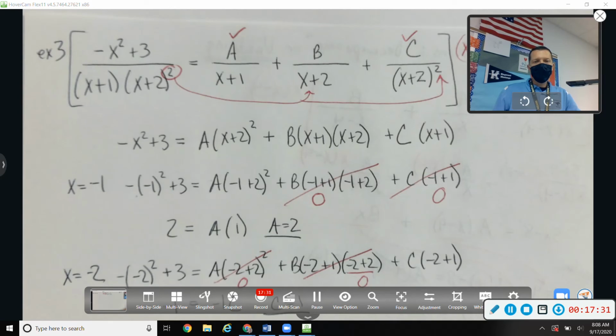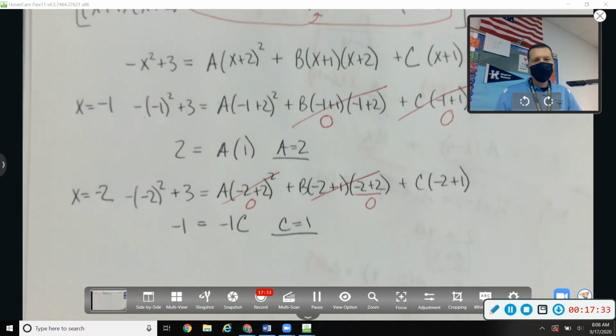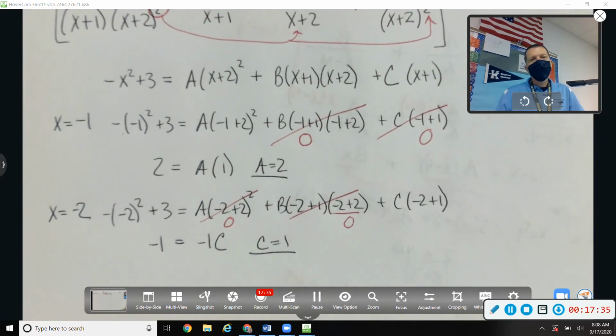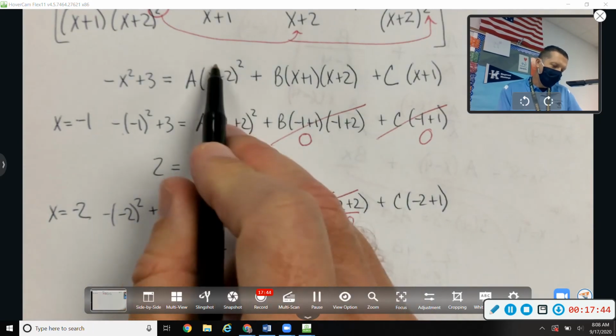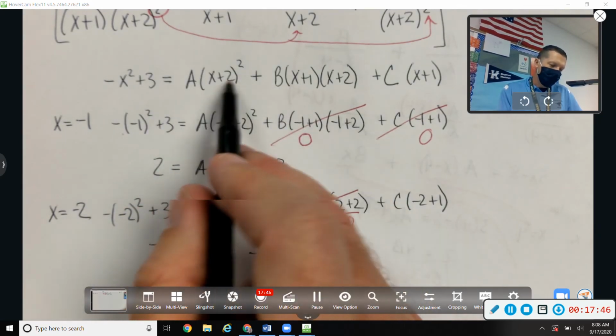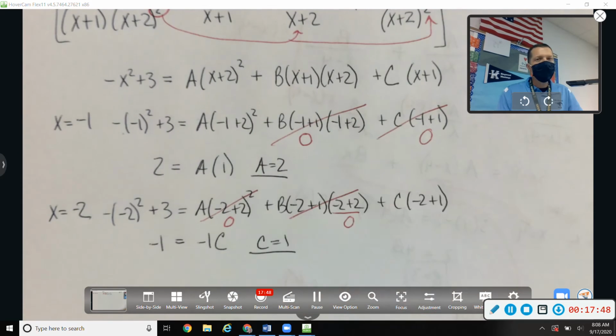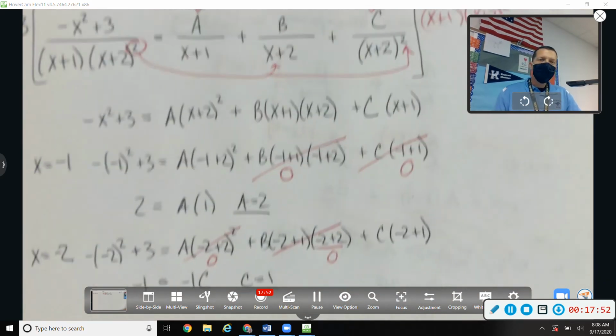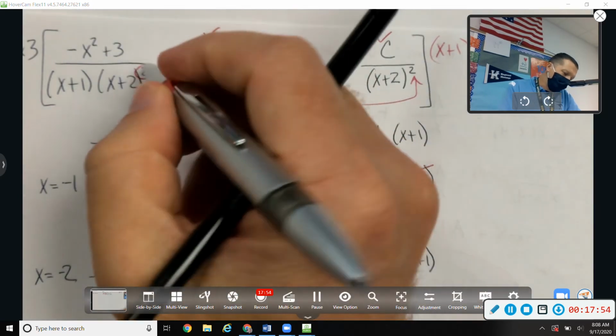We now know A and C. We're getting close. Here's the trouble with this one: there aren't any good values of x left. We made this guy go away, we made this guy go away, but -2 and -1 were the only values of x that zeroed stuff out. This always happens when you get a squared term.